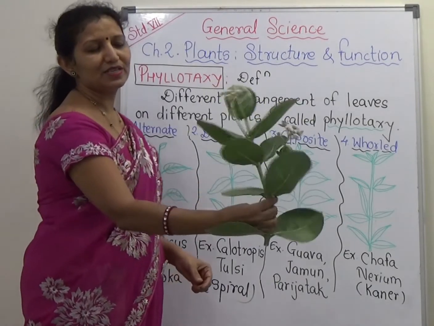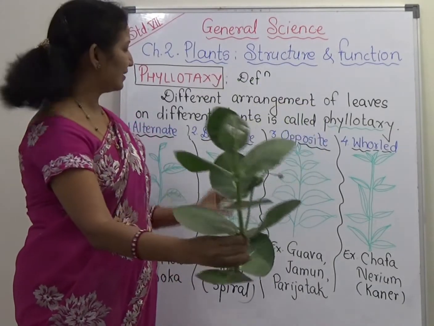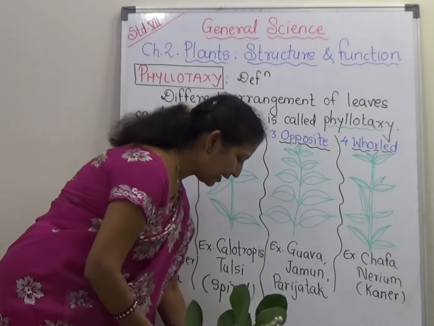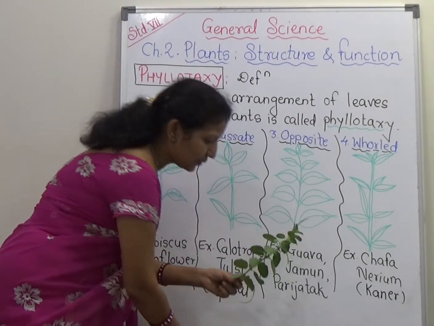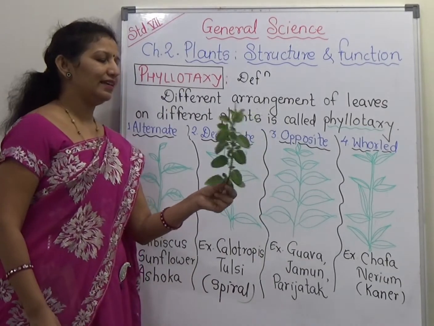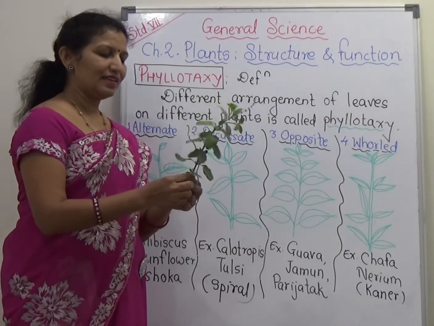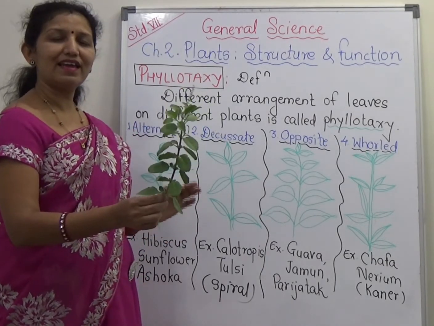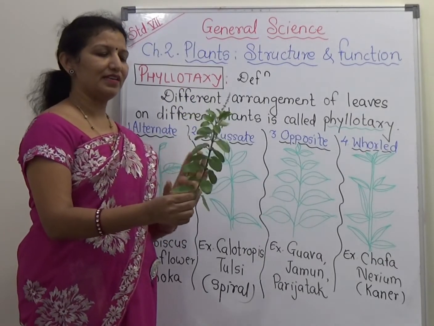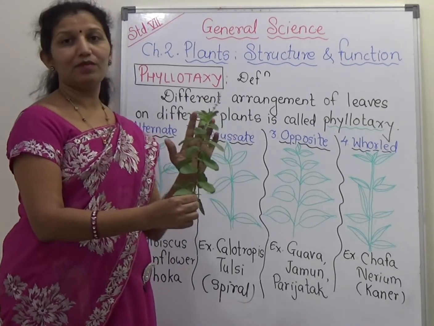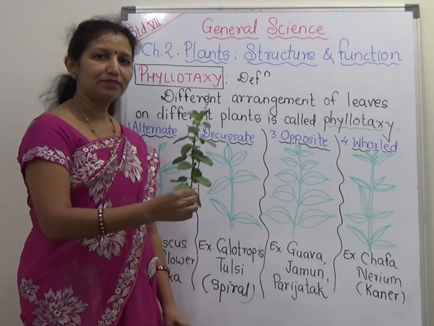You must have understood this type, decussate type, very nicely now. See, also you can see this arrangement in tulsi plant. You can get this tulsi plant in every house. Everywhere there is tulsi plant, and it is very important in Ayurveda also.